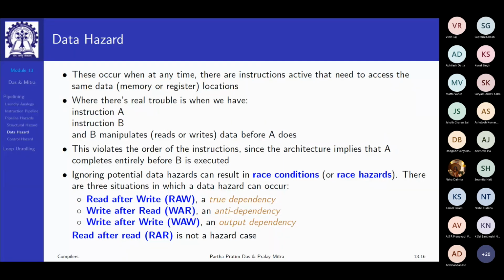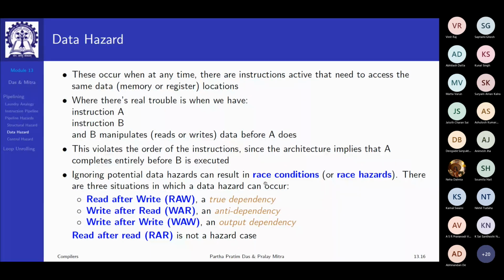So if you had been working with the model we had followed so far, that is, instructions are strictly sequential, and an instruction starts executing only after the previous instruction has ended, there is no problem. But the moment we are in a pipeline, B has started executing even well before A has actually finished. So this might violate the order of instructions and actually cause really bad errors.